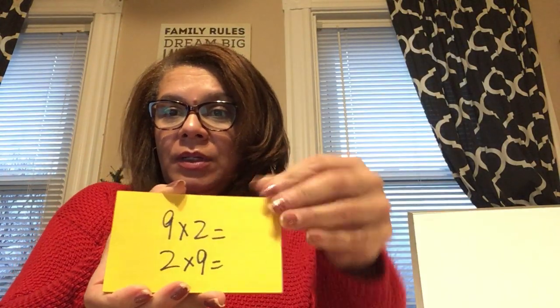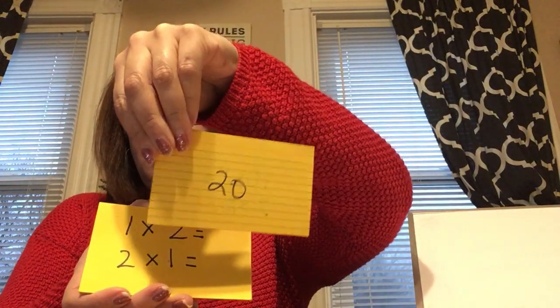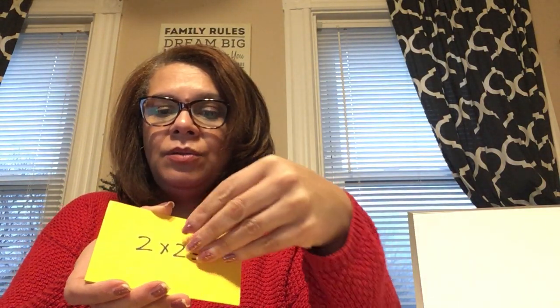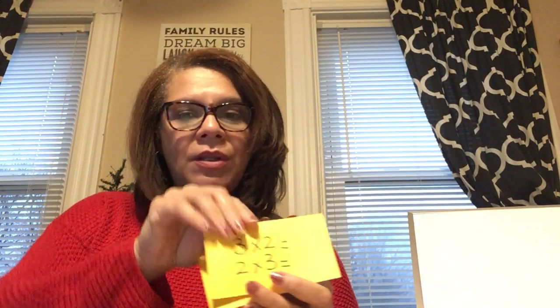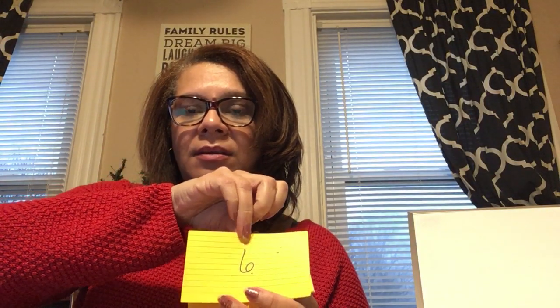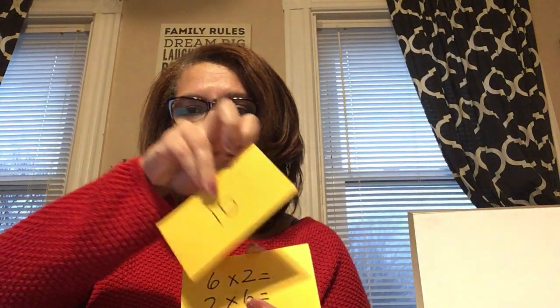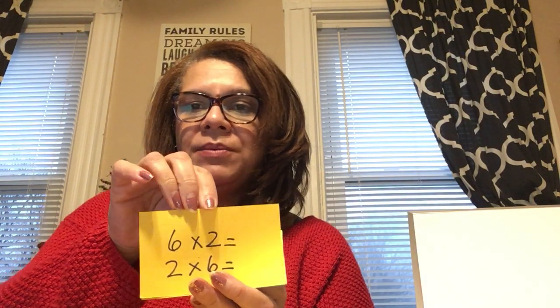So 9 times 2, good. 10 times 2, or 2 times 10, good. 1 times 2, 2 times 1 is 2. 2 times 2, try to be quicker, but my fingers will only go fast. 4. 3 times 2, 2 times 3, 6. 4 times 2, 2 times 4, 8.